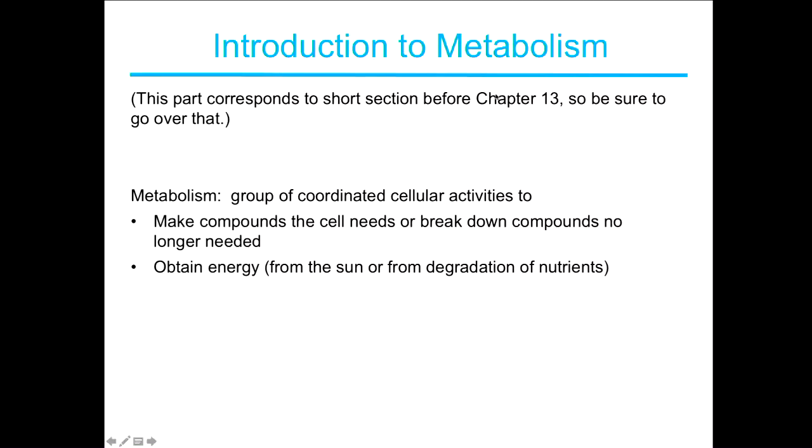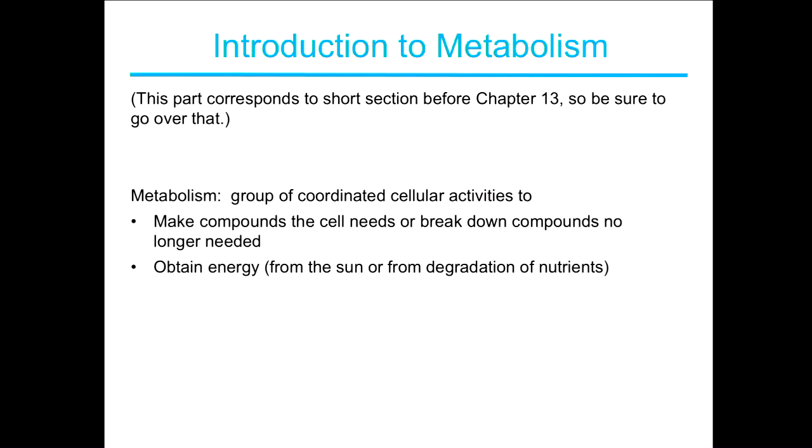So what are we talking about here? We're talking about a whole bunch of coordinated cellular activities. These are all the different things a cell does: everything from catalyzing a chemical reaction, transporting things, breaking down other things, building stuff, whatever. And we'll talk somewhat as we go through this module about the idea that they're coordinated and regulated.